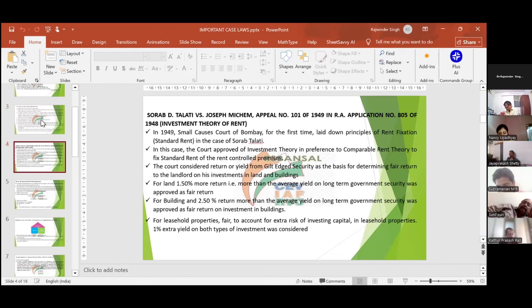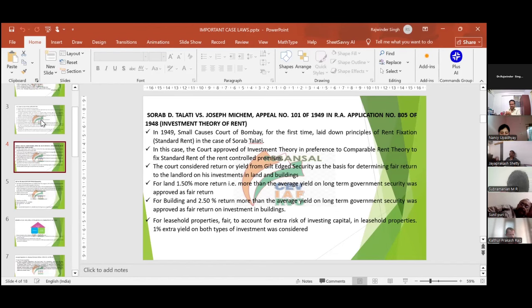And the next case is Saurabh D. Talati versus Joseph Meckham. It is appeal number 101 of 1949. In 1949, a small causes court of Bombay for the first time laid down the principles of rent fixation.